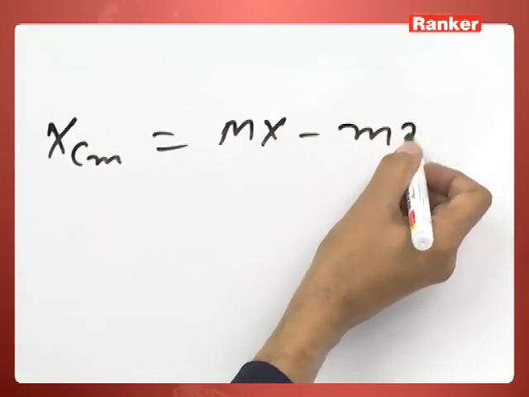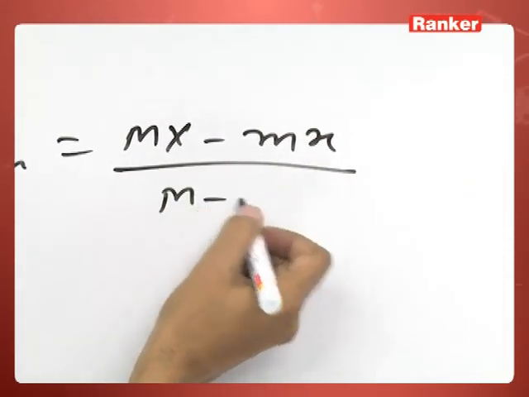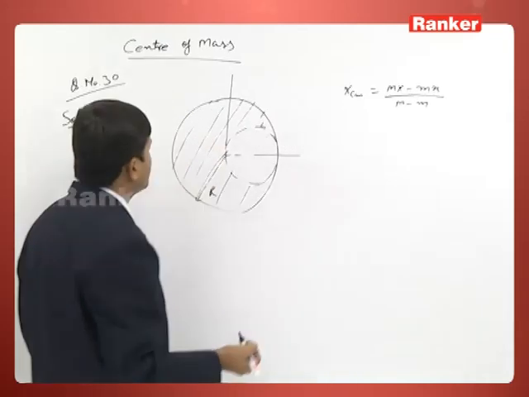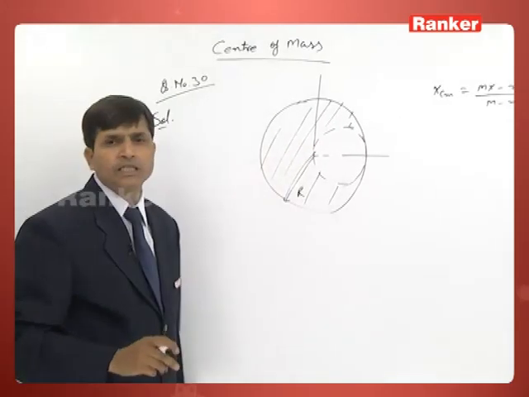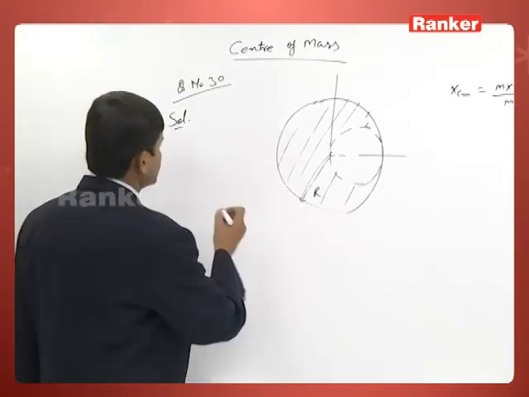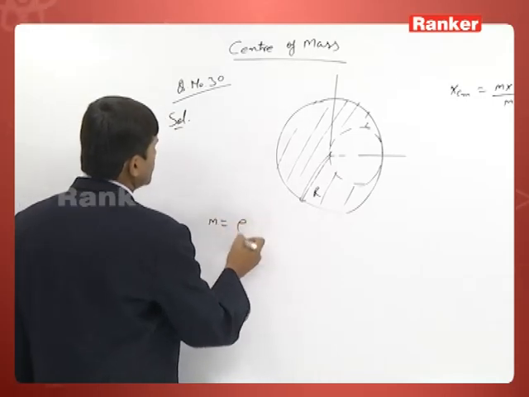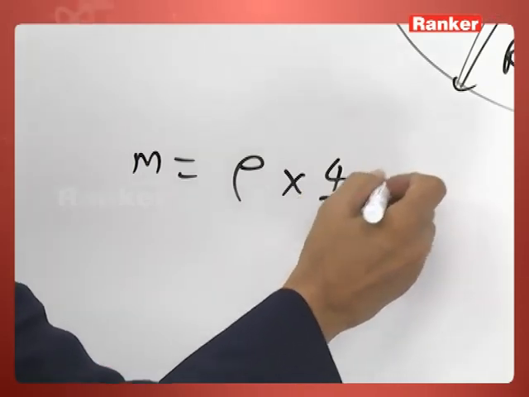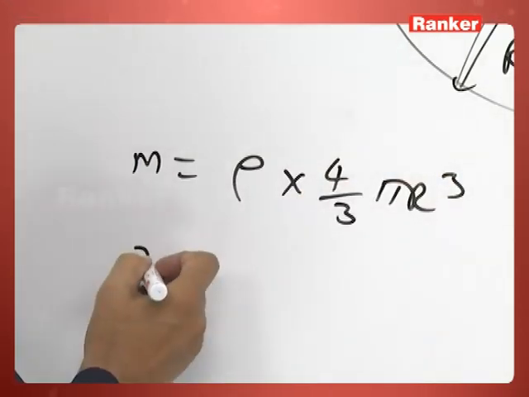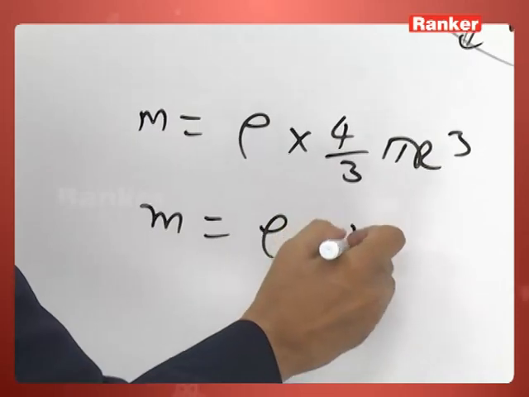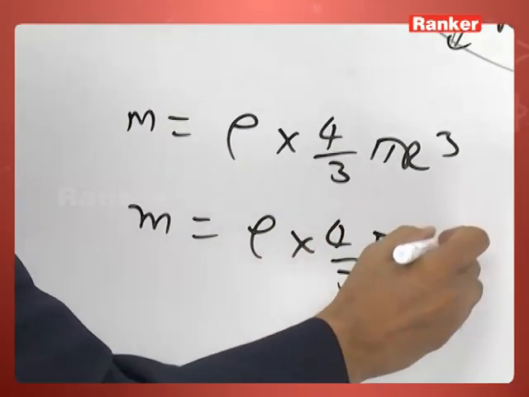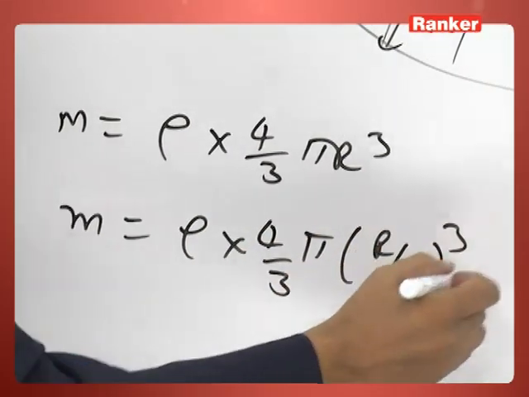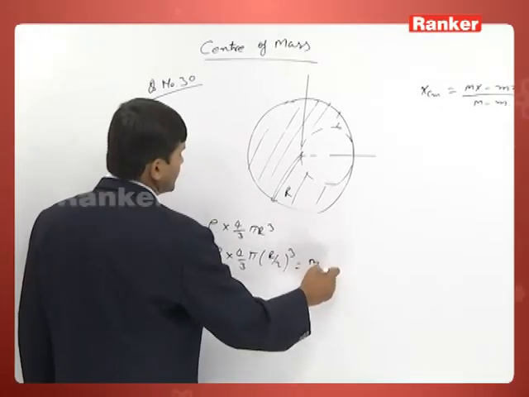x_cm equals (Mx minus m x') divided by (M minus m), where M is the mass of the whole sphere without the cavity. So M can be written as rho into 4 by 3 pi r cubed, while the small m here is rho into 4 by 3 pi (r by 2) cubed, that is M by 8.